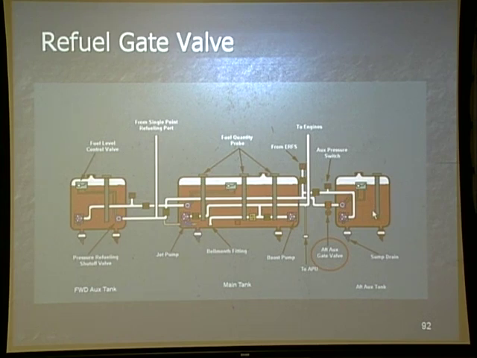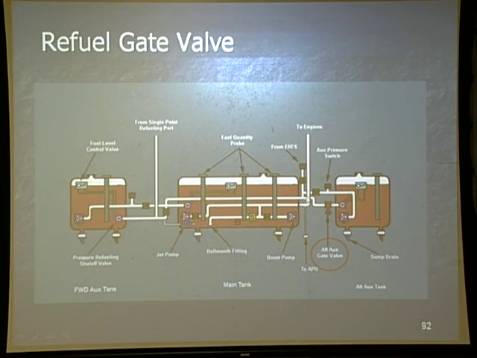We tracking? If this valve's open, then it will go through here and fill up the aft aux tank. Now, when I power the refueling station down, this valve has to close again. Here's why. As we suck fuel out of that aft aux tank, it's going to come up here, and it's going to want to go through the path of least resistance, which is going to be which way?